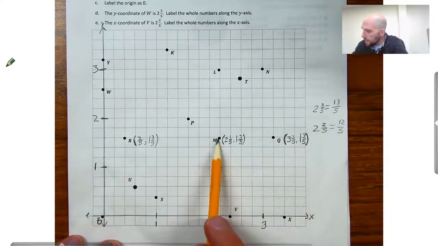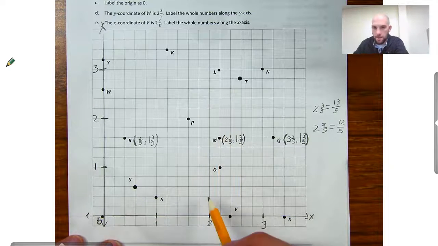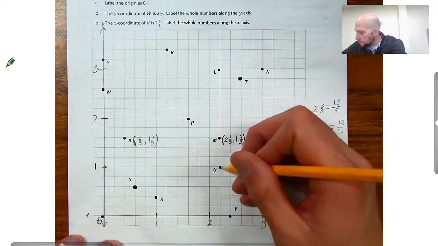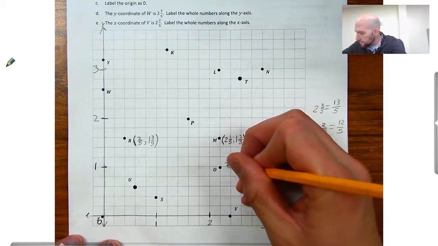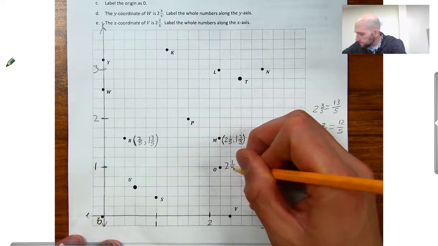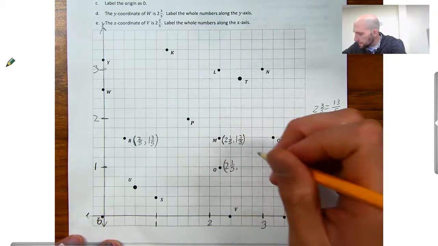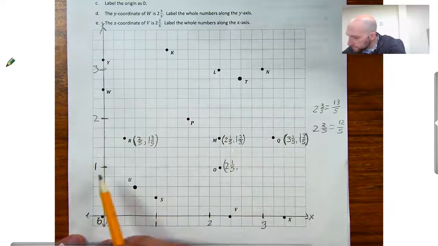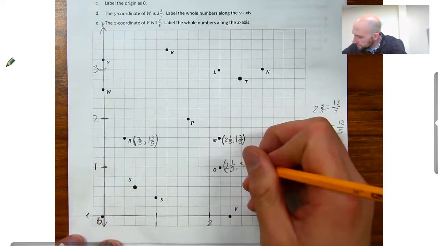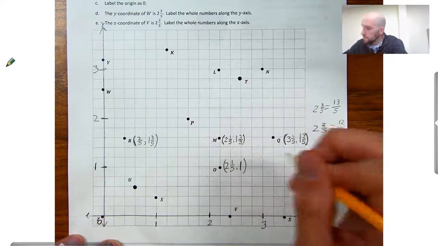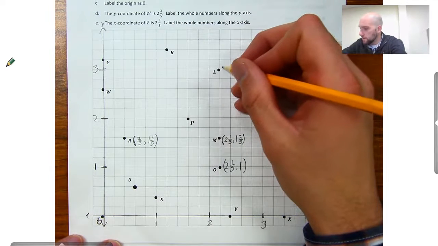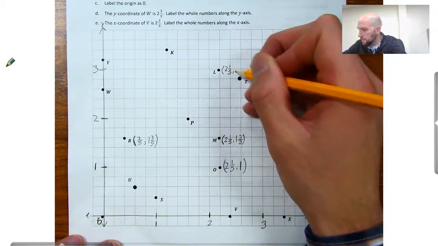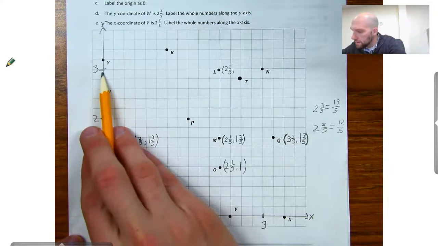We have O, M, and L. We already did M. Next, we have to do O and L. 2 1/5 is going to be our first coordinate by, this is 1. And then L is going to be 2 1/5, and our y-coordinate is 3.